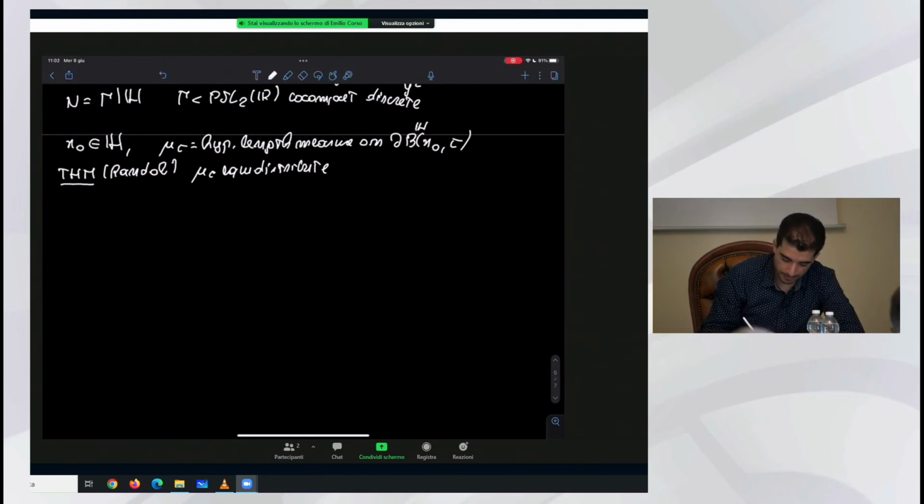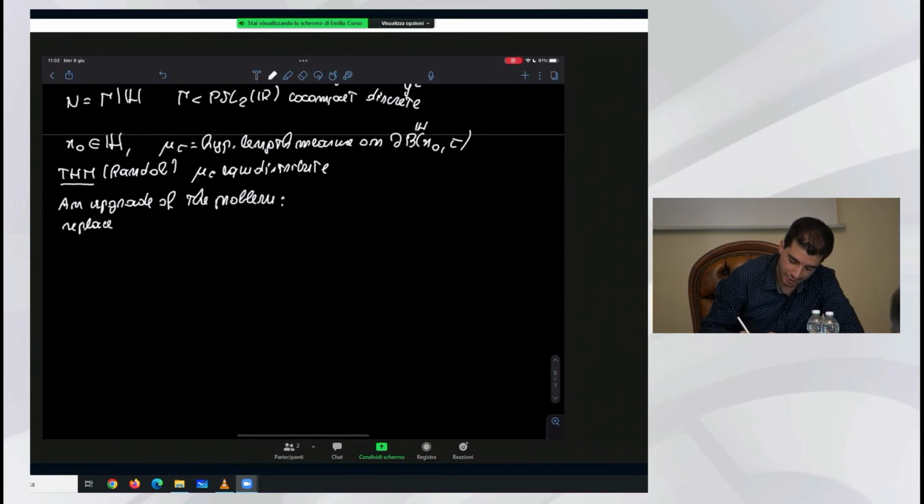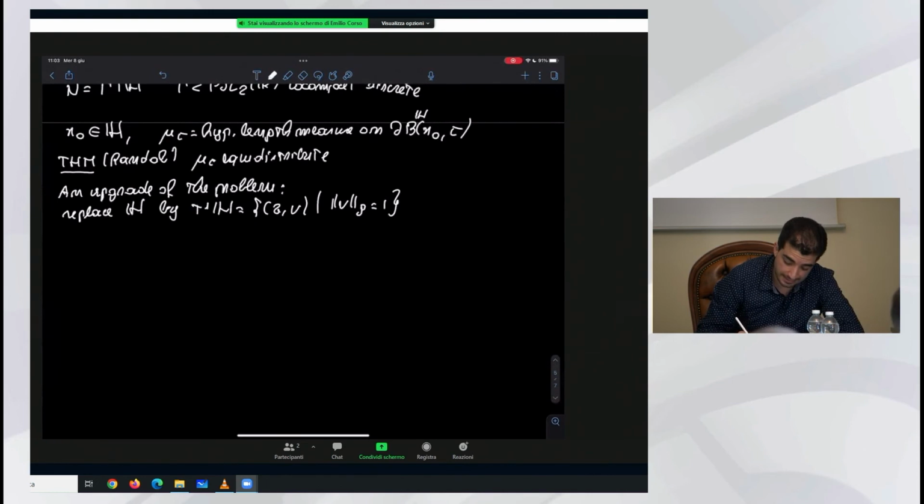So an upgrade of the problem: replace H by its unit tangent bundle, the set of all pairs (x,v) where the norm of v is 1. Replace gamma mod H by the unit tangent bundle of gamma mod H.